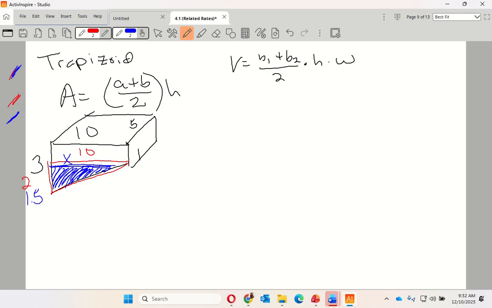I'm going to do this because there is a change, a rate of change. So doesn't this one change as I go this way? Because as the water keeps filling up, this X value gets bigger, doesn't it?